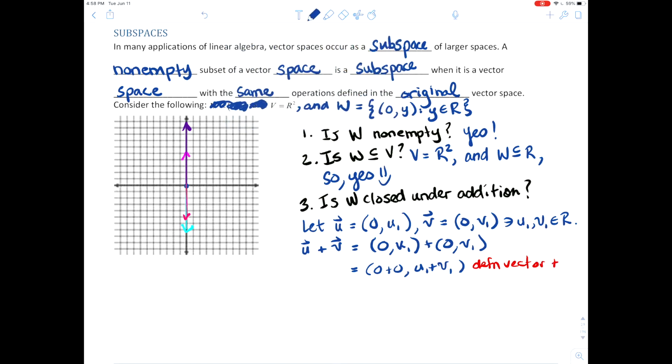And then this will just be 0, comma, U1 plus V1, which is a vector in W. So that's checked off, right?